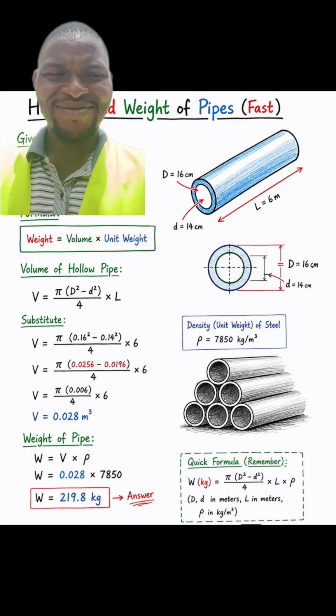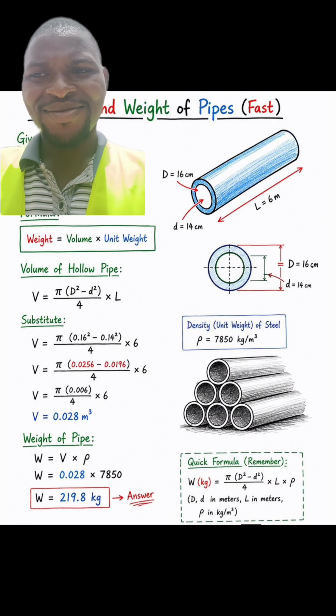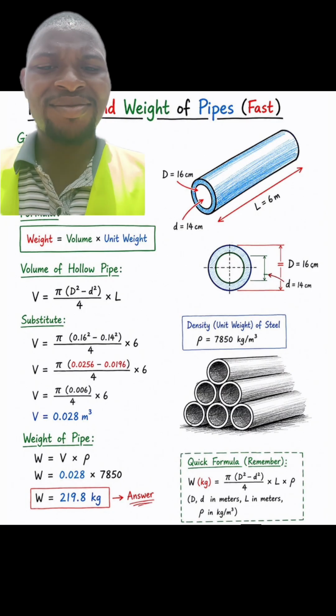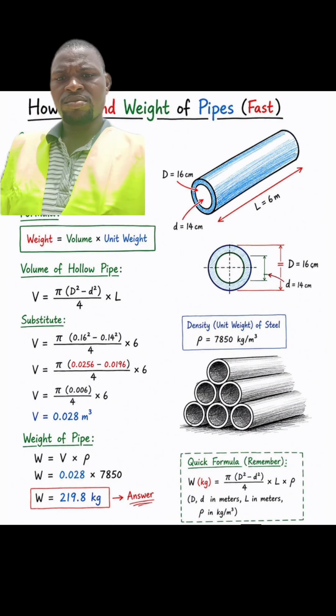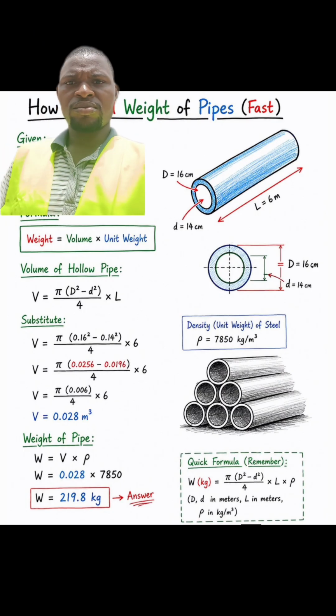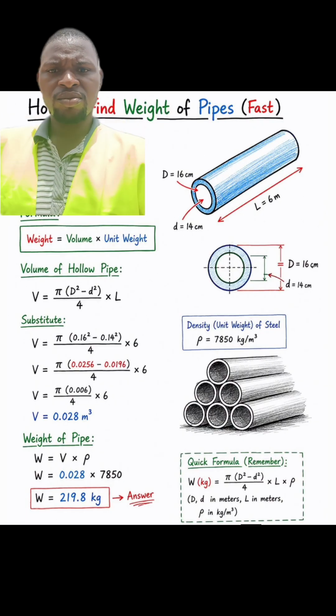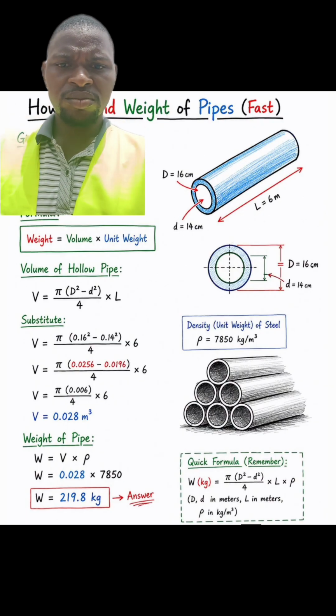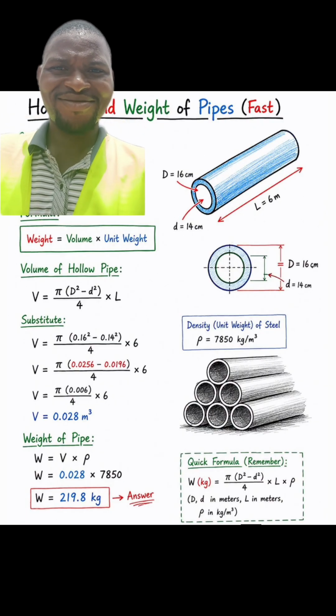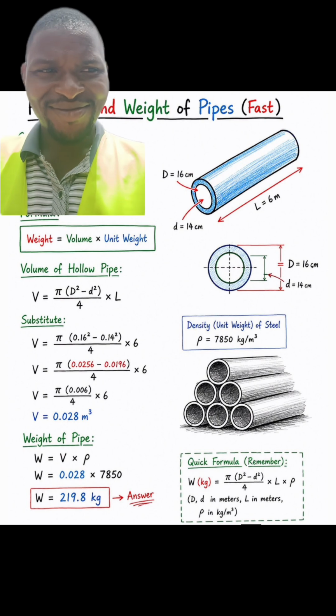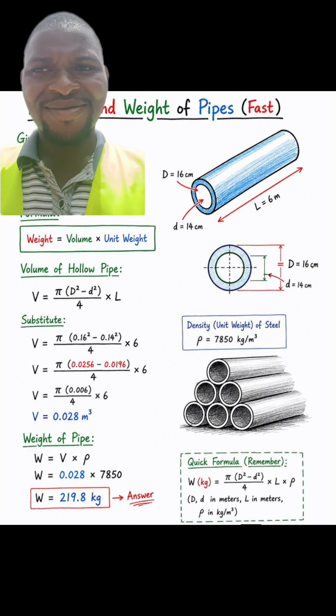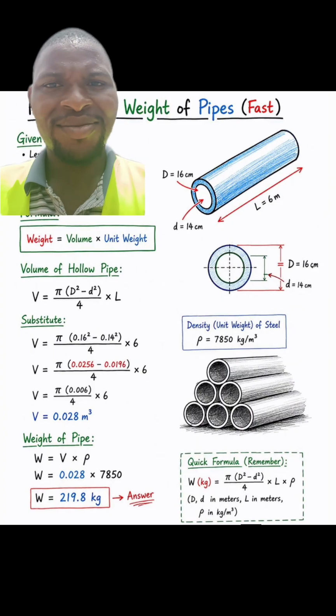You use that to get the volume, then you multiply by your density, W equals V multiplied by rho, and it's going to give you the weight of the rod.